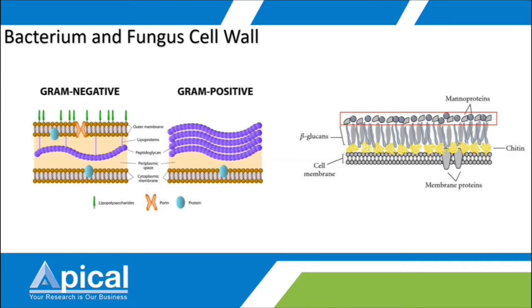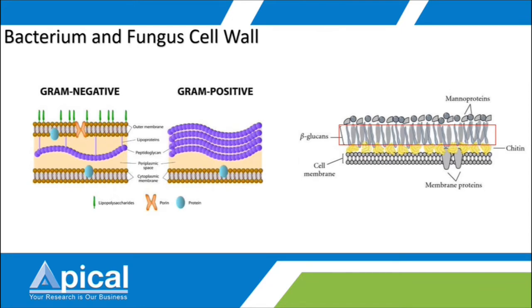And different fungal cell walls actually contain different glucans. For example, the cell wall of Aspergillus contains beta-1,3, beta-1,4, and also alpha-1,3 glucan, while in Candida, it contains only beta-1,3 and beta-1,6 glucan.